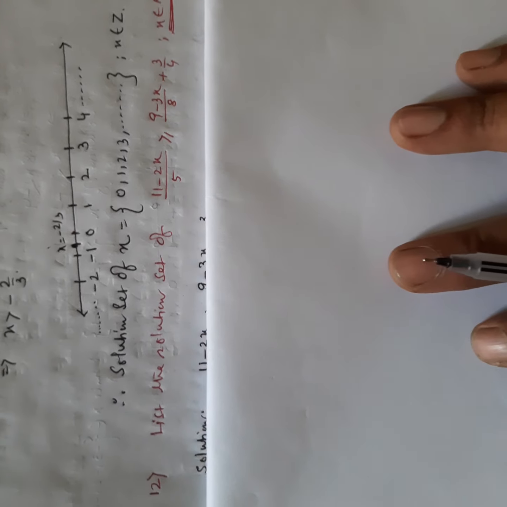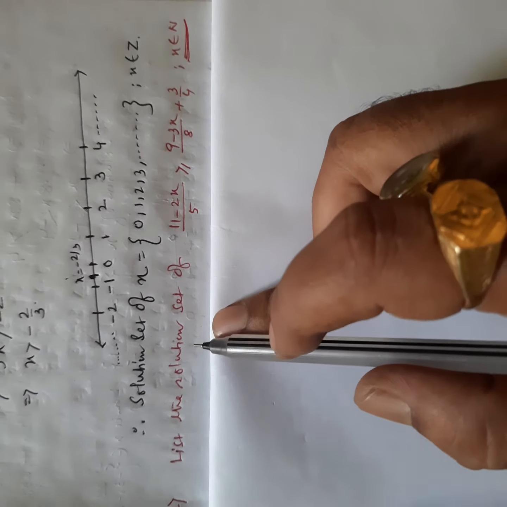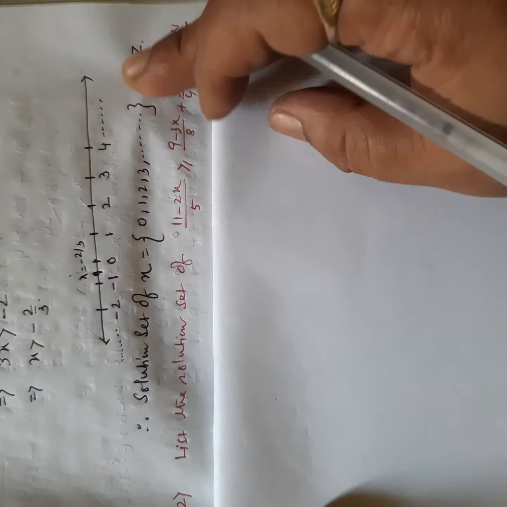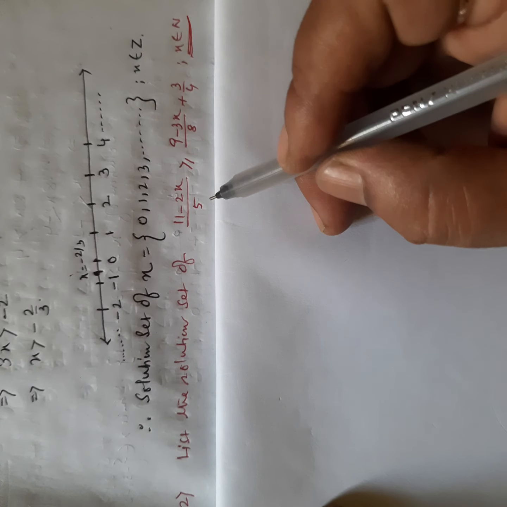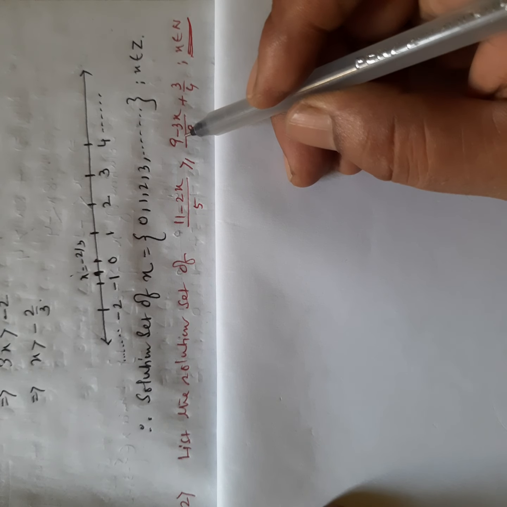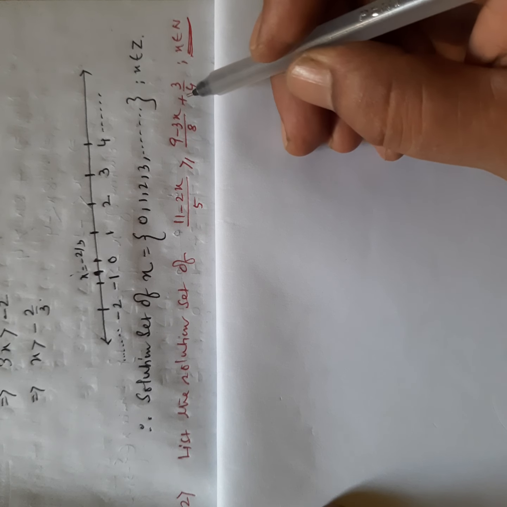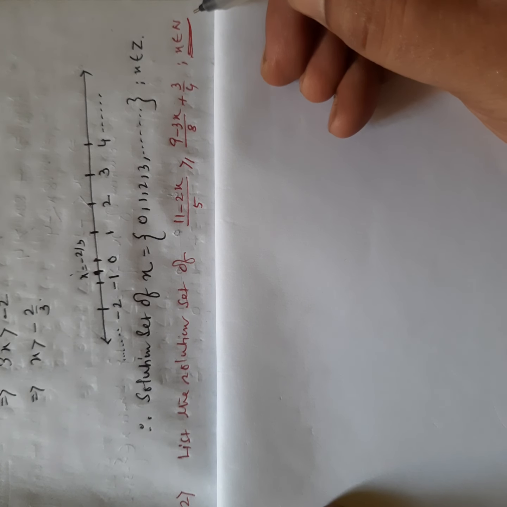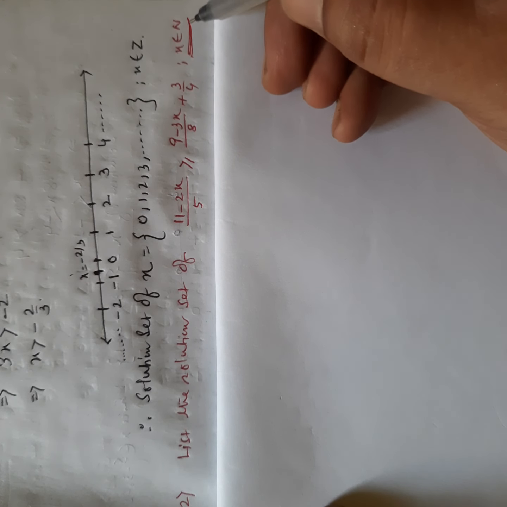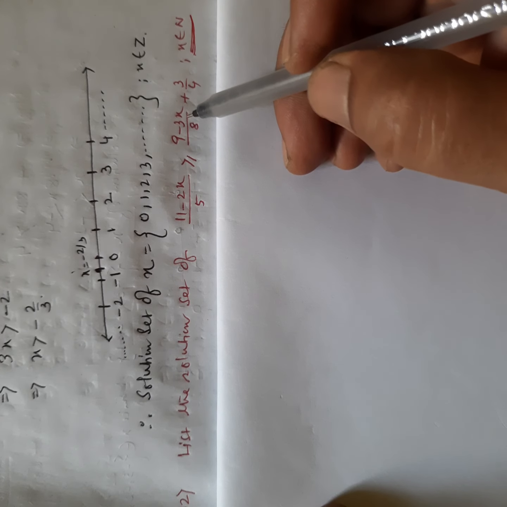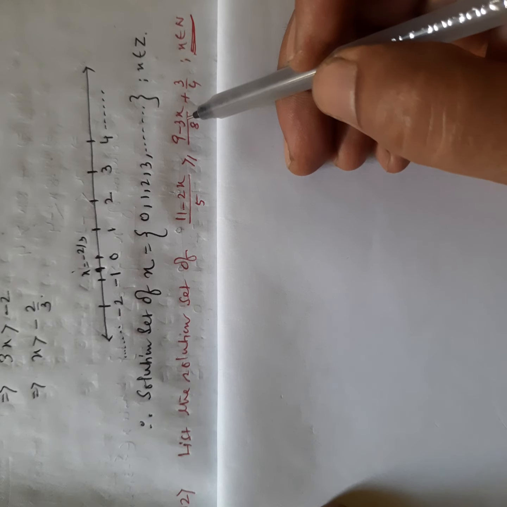Next, list the solution set of (11 - 2x)/5 ≥ (9 - 3x)/8 + 3/4, x belongs to capital N, that is x belongs to the natural number set. We solve this inequation and we just write the solution set.